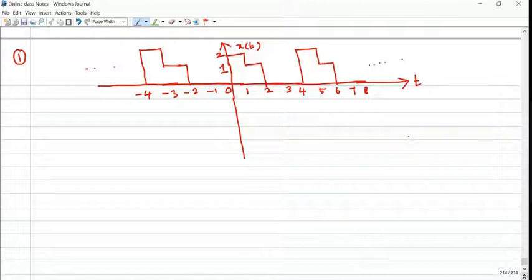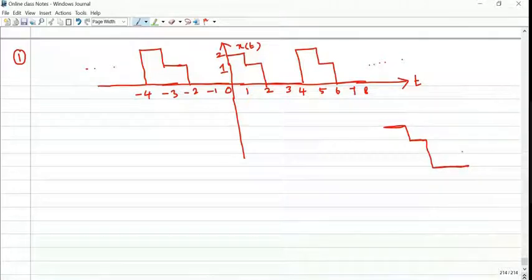So if you look at this signal, the shape of this signal goes like this, correct? This format is repeating over and over. 0 to 1, magnitude 2. 1 to 2, magnitude 1. And 2 to 4, 0.